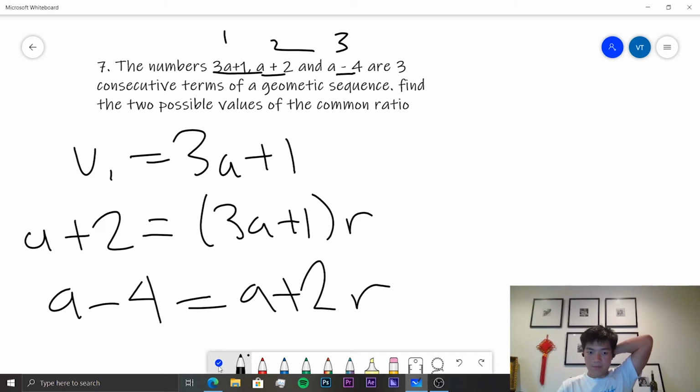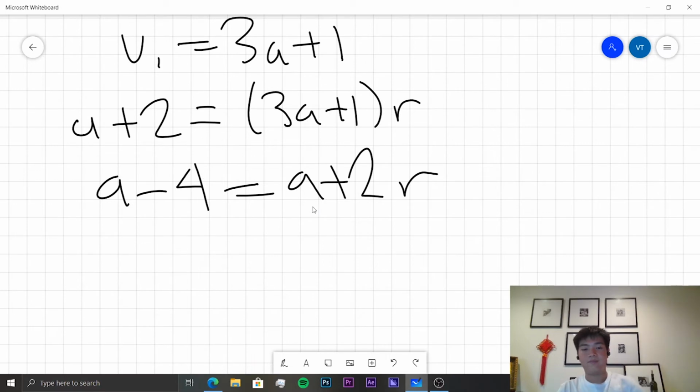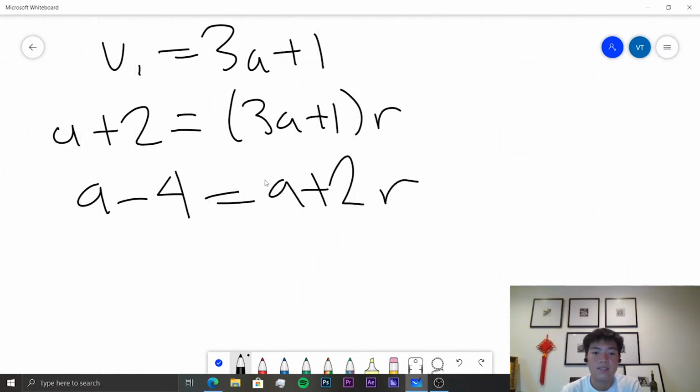So we should be able to solve this pretty quickly. Let's see, where would we start? I would just substitute a plus 2 into here, honestly.